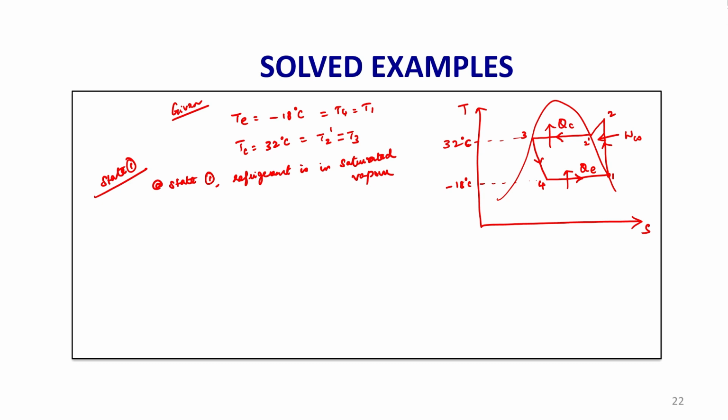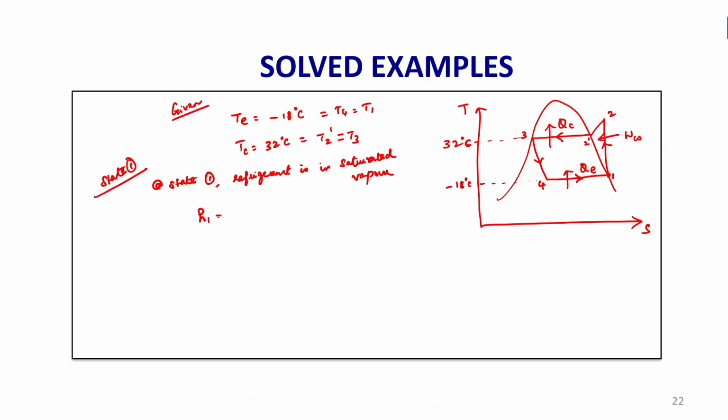So, if you apply the formula H1 is equal to HF1 plus X1 into HFG1, because X1 is 1, the HF term will get cancelled. So, H1 equal to HG1. Therefore, enthalpy at 1 is equal to the gaseous enthalpy at this temperature. What is this temperature? Minus 18 degrees centigrade. And the refrigerant which we are using is R134A, the refrigerant gas which is the working fluid.